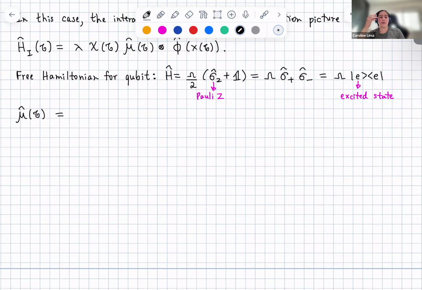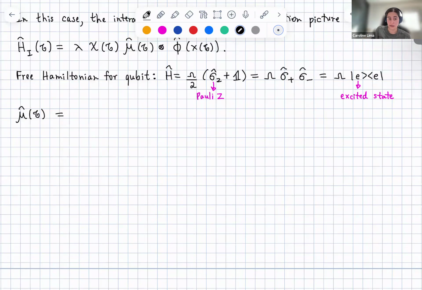The reason for that is that I want some non-trivial dynamics. And because I selected something proportional to sigma z for the free Hamiltonian, it makes sense to select either sigma x or sigma y or some combination of them. The most commonly used would be sigma x.